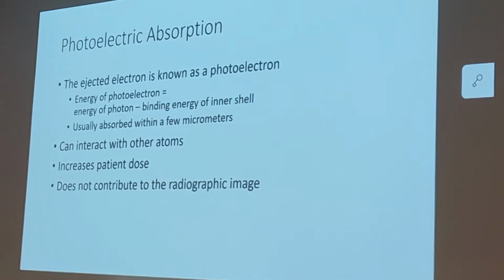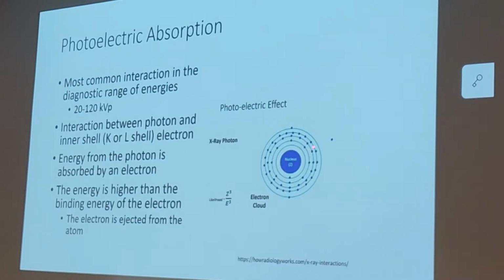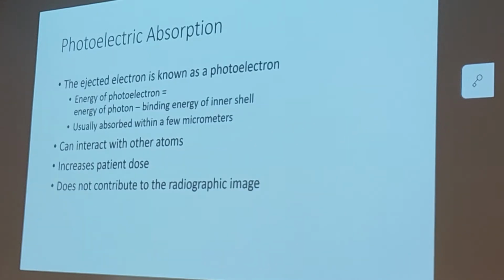In photoelectric absorption, the ejected electron is known as the photoelectron. The one that gets ejected is the photoelectron. This can interact with other atoms, correct? It gets sent flying from the original atom and hits another electron, causing other interactions.